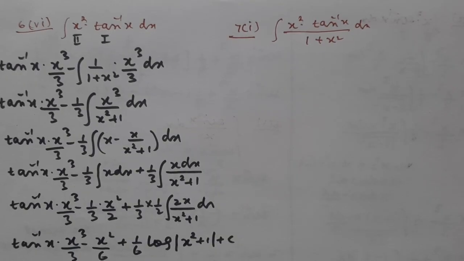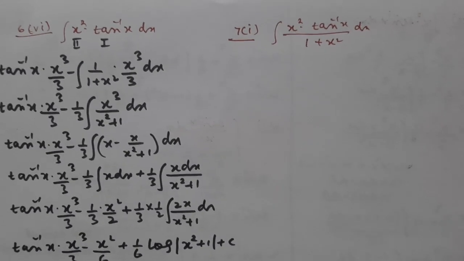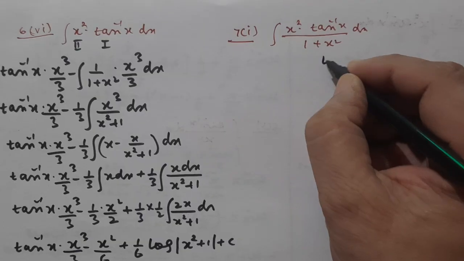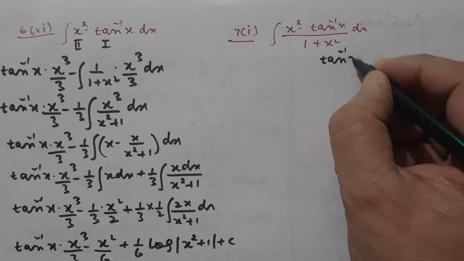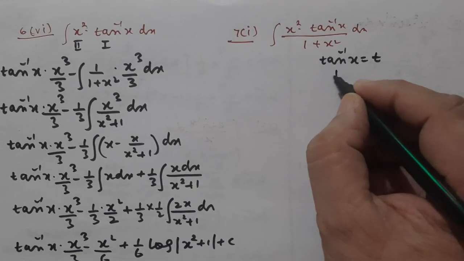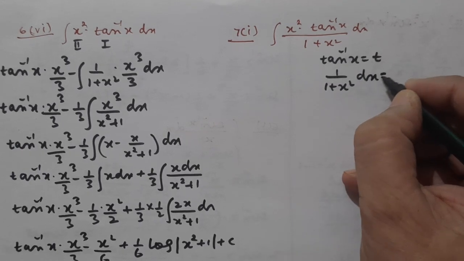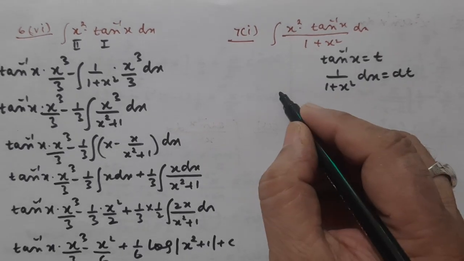Now students, in this question if I put tangent inverse x equal to t, the question becomes very easy. So first of all we put tangent inverse x equal to t, so 1 upon 1 plus x square dx equal to dt.